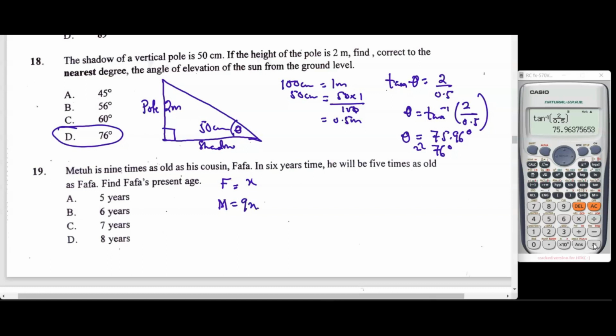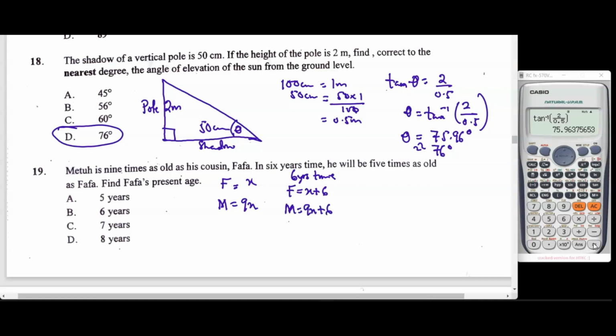Then we are told that in 6 years' time, so some time to come, how old is going to be Fafa? So 6 years' time, Fafa will actually be x plus 6, and then Mitu will also be 9x plus 6.